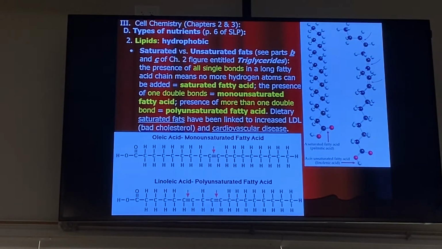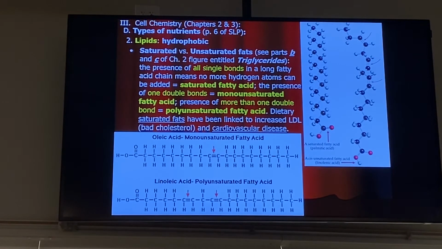Okay? So here's the difference between a monounsaturated fatty acid and a polyunsaturated fatty acid. This is relevant for cardiovascular disease. Everybody look at me. Dietary cholesterol is irrelevant. Okay? Doesn't matter if you eat cholesterol.